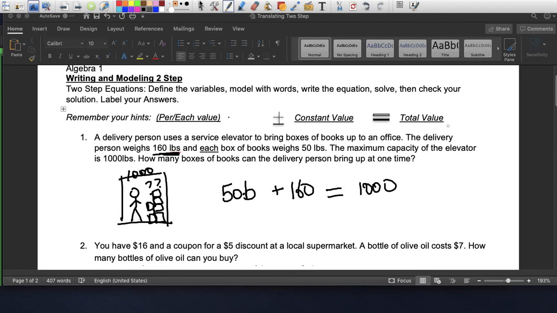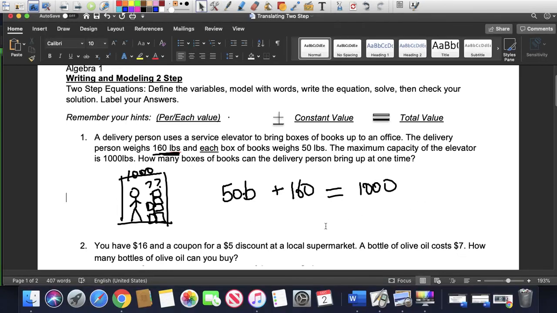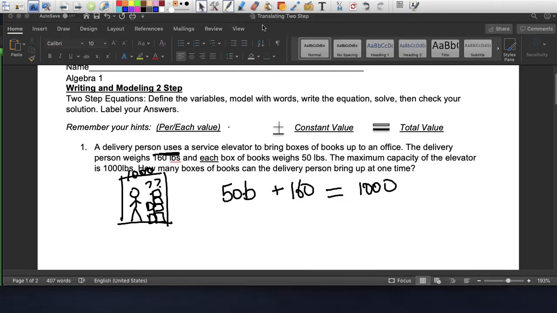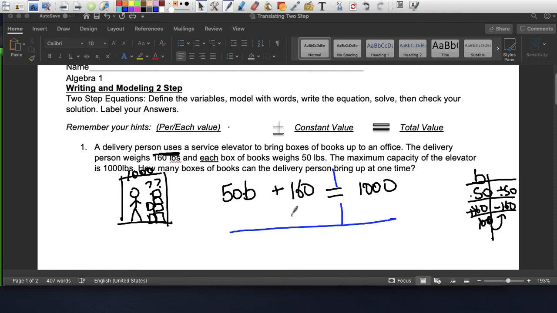Actually, I'll solve it now so I don't have to make a second video on that. Again, if you want to, you can make that little story. My variable b is being multiplied by 50 and then plus 160, and then equals 1,000. Going backwards, we're going to do minus 160, and then divide both sides by 50. So minus 160, minus 160. These two go away because it's 0. I get 50b equals 840.